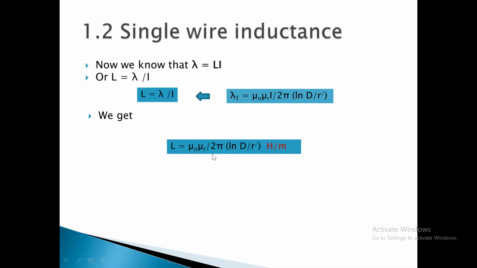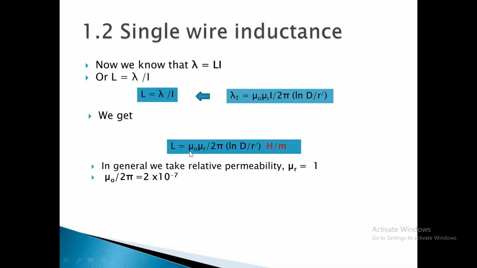I will also convert this into a constant. Because this is mu r, in general we take relative permeability equal to 1. I will put the value of 1 here, and mu naught divided by 2 pi, for aluminum we normally put the value here and divide by 2 pi, 3.14. I will solve it. I will get 2 multiplied by 10 to the power minus 7. So I will put directly mu divided by 2 pi here, equal to 2 multiplied by 10 to the power minus 7.